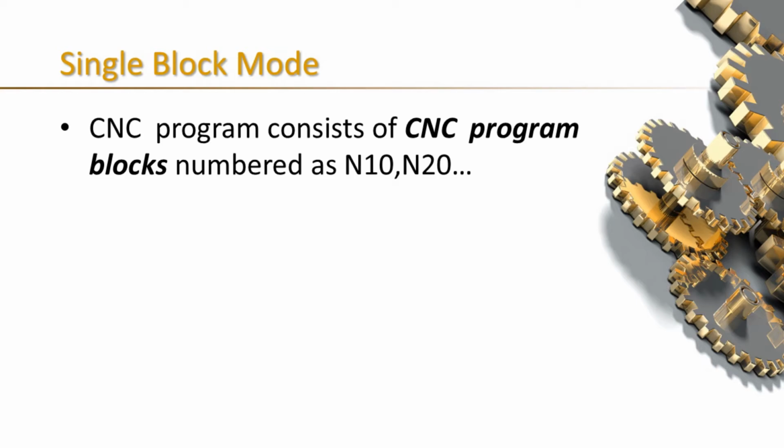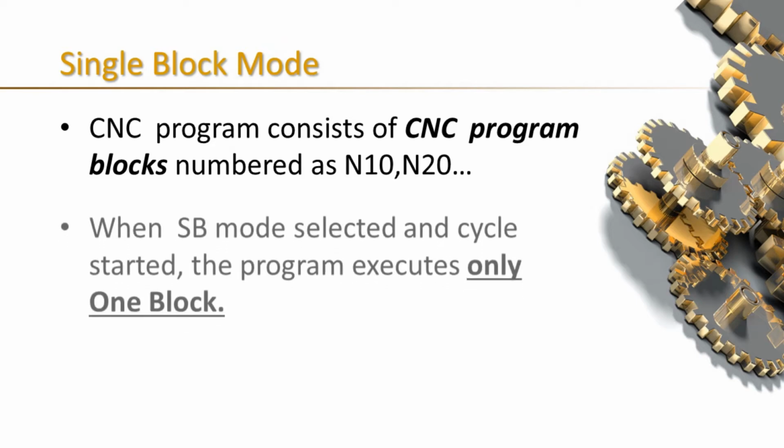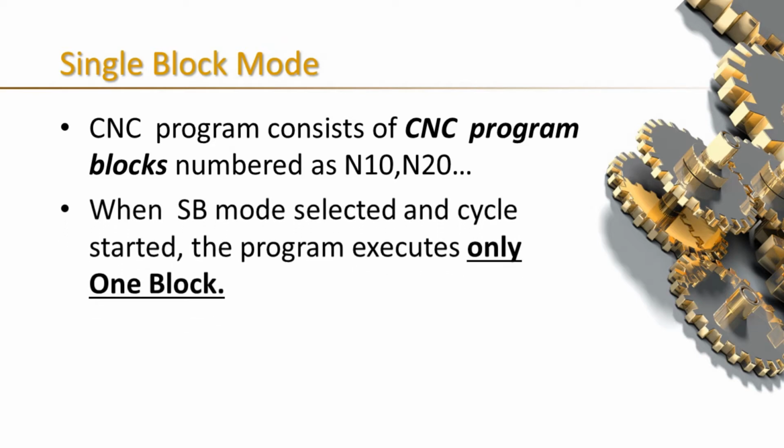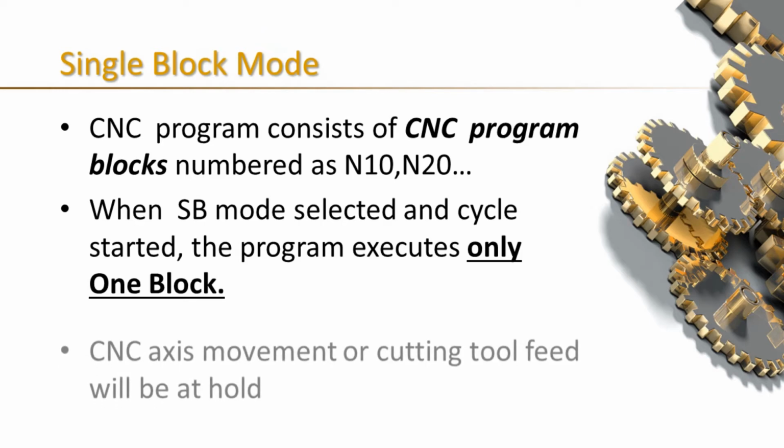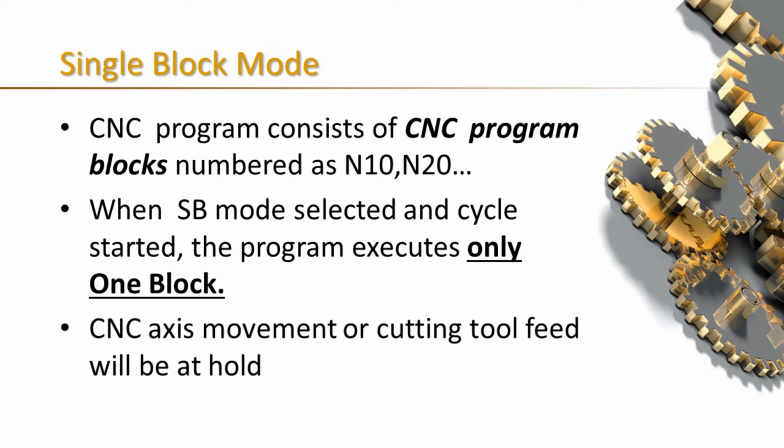The single block mode is nothing but a program mode which consists of the CNC program blocks, and it is used to execute the CNC program blocks numbered as N10 and N20. Whenever the single block mode is selected and the cycle is started, the program executes only one block of the program, and the CNC axis movement or the cutting tool will be on hold after the block execution.